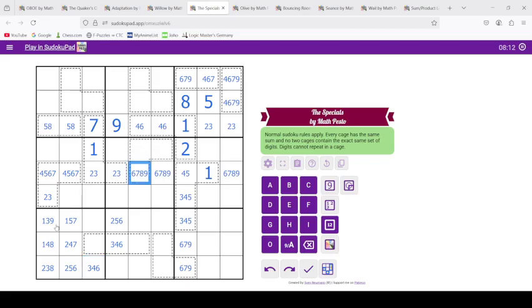This one can't be a 9, because then that'd have to be 1, 3. This has to be 3, 4 with a 6 there. Because that's the least it could be. Which means that's not a 6.